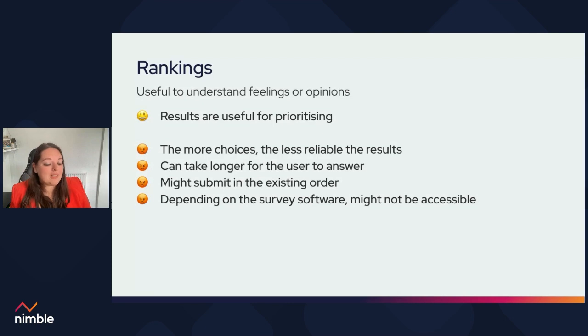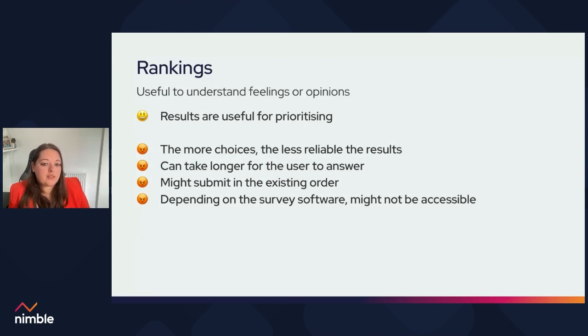They might submit it in the existing order. This might be because the order it's already in is what they wanted it to be. But other users might just try to skip it by going with whatever's already there. This is where you want to make things as unbiased as possible, with things like sorting alphabetically.